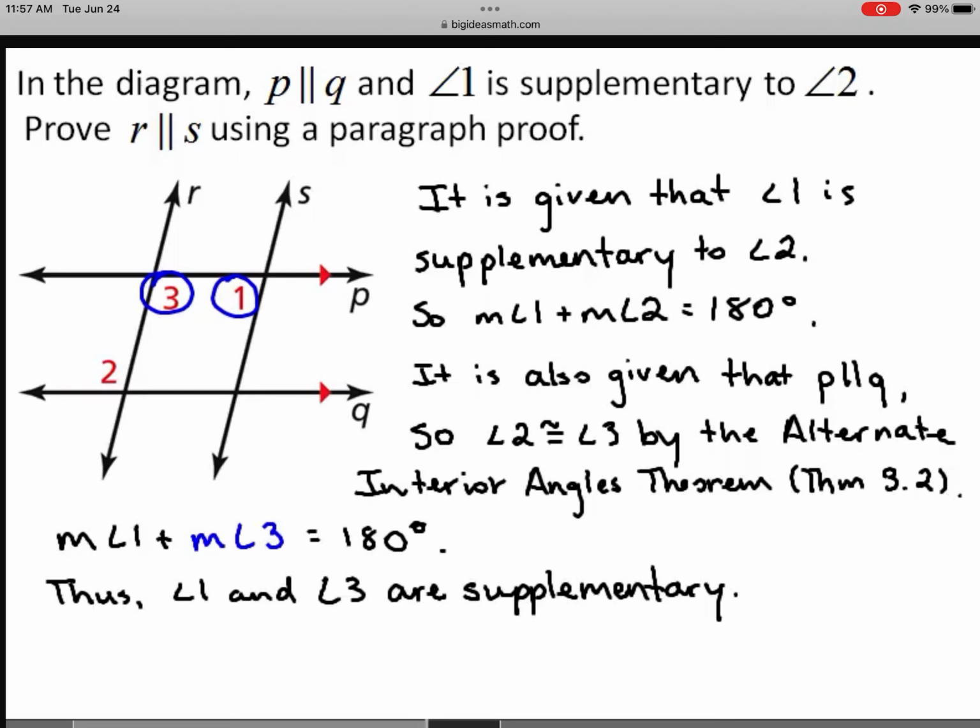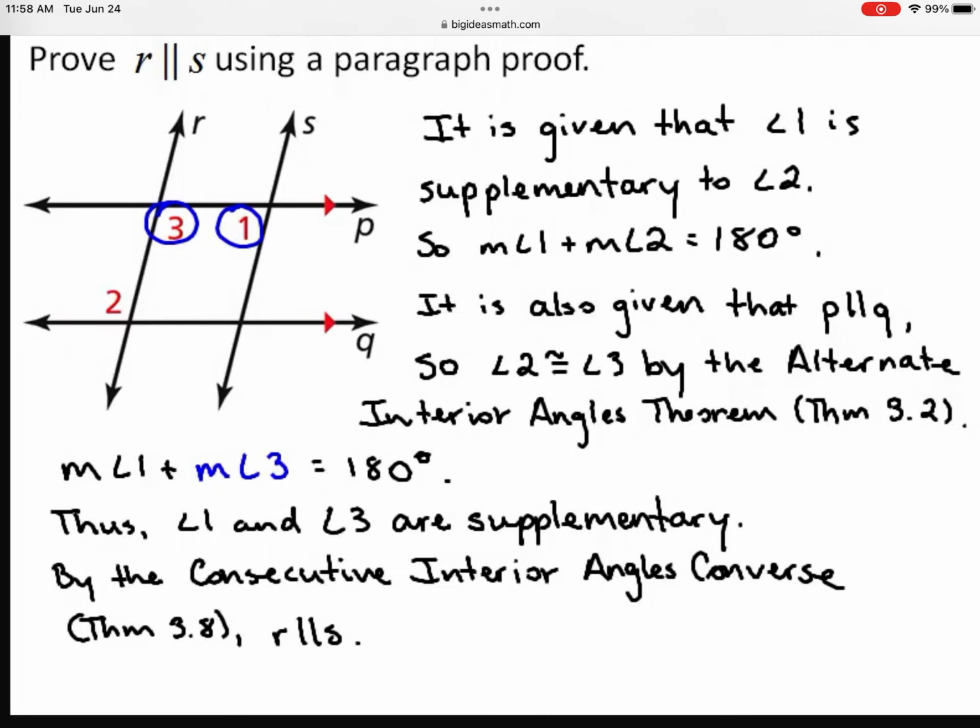Thus, angle 1 and angle 3 are supplementary by the definition of supplementary angles. So by the consecutive interior angles converse, line R is parallel to line S.